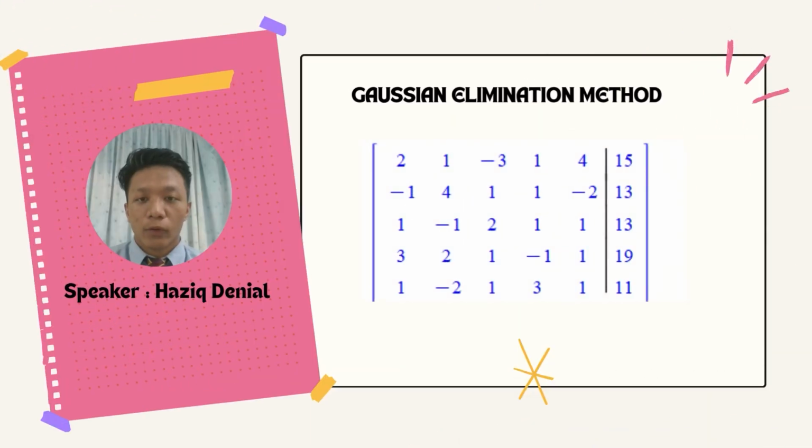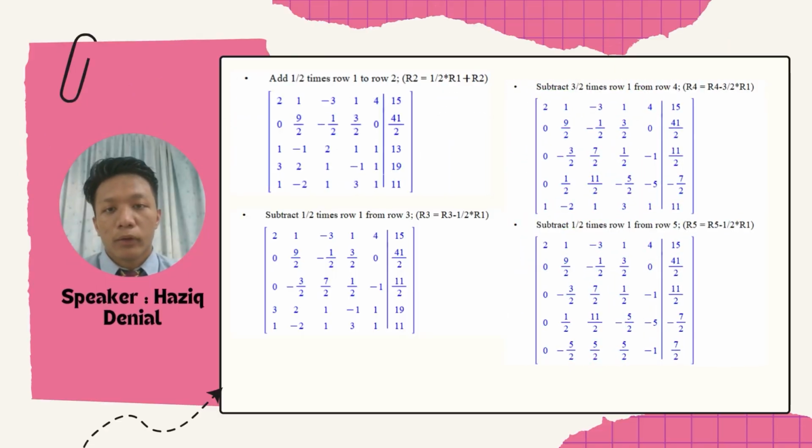Okay, so from this matrix, we can use the Gaussian elimination method. From the matrix, the first step is we have to add 1 over 2 times row 1 to row 2, and the output will be like that.